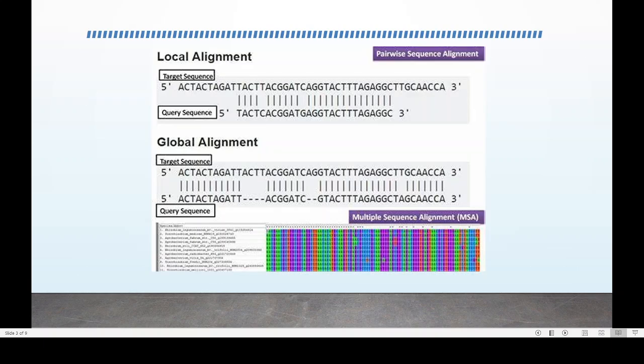Here, for example, these two regions are known as conserved regions. During the evolutionary process, there won't be any changes happening in those regions. Such regions, which are more or less evolutionarily permanent, are known as conserved regions.